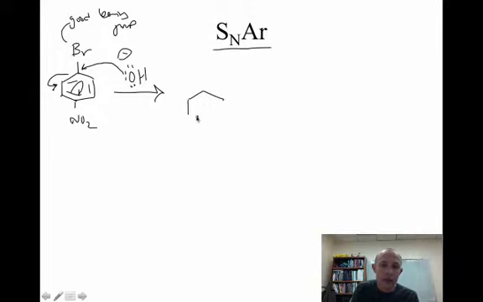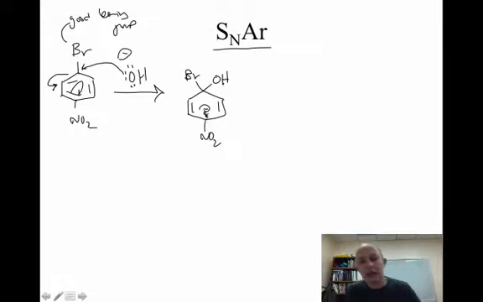So remember, nitro groups are very destabilizing when you put a positive charge, but if you put a negative charge next to a nitro group, that's going to help stabilize that negative charge. So now, instead of having a carbocation intermediate, we have a carbanion intermediate. Putting that negative charge at the same position where the nitro group is going to be really stabilizing.